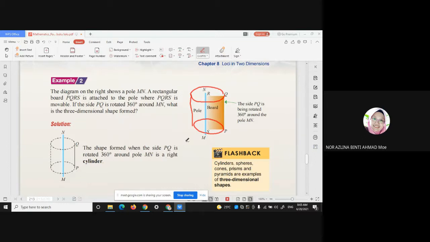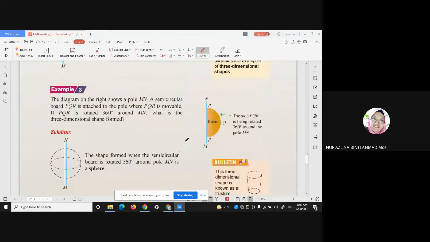Next, example 3. The diagram on the right shows a pole MN. A semicircular board PQR is attached to the pole where PQR is movable.